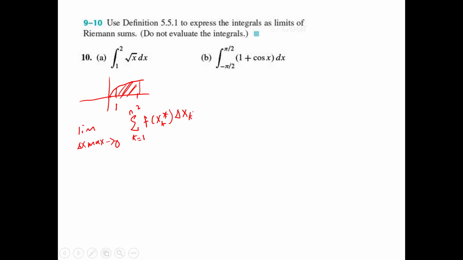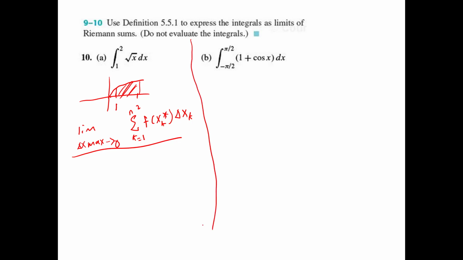And that's it. Now, what's the usefulness of this? We're going to come up with a pretty easy way of doing this for functions that we can find the antiderivative of. But if you can't find the antiderivative of it, this expression right here is a good way to approximate it. Okay, and that's it. That's all you're being asked to do.